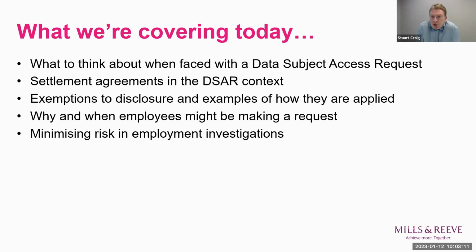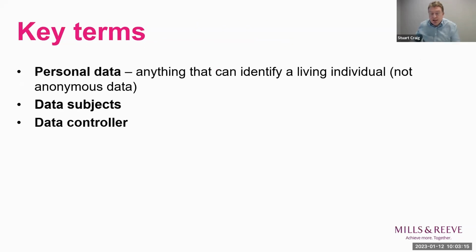And so with that in mind, I'm going to hand over to Helen now to look at some of the key issues, first of all, key terms. Thank you, Stuart, and good morning, everyone. So before we look at this topic in detail, I'm going to look at some of the key terms that are used in the data protection world in relation to subject access requests, just to make sure we're all on the same page.